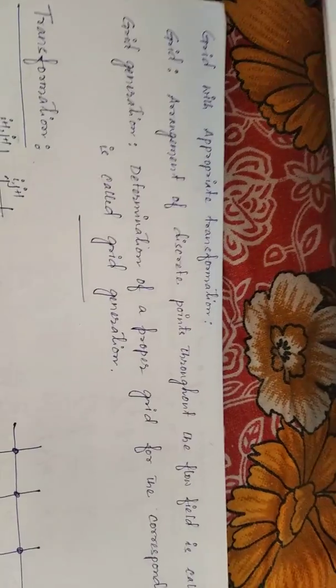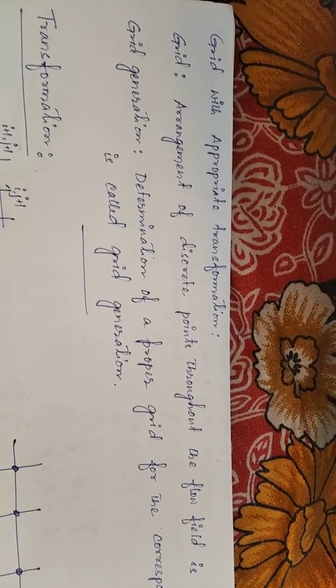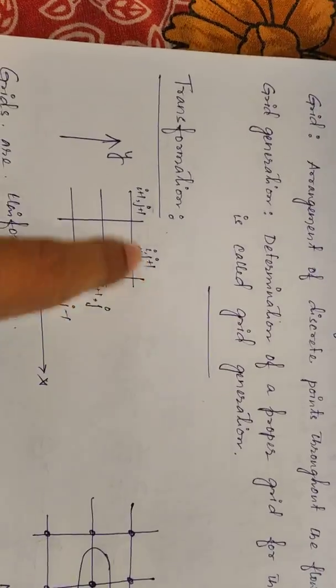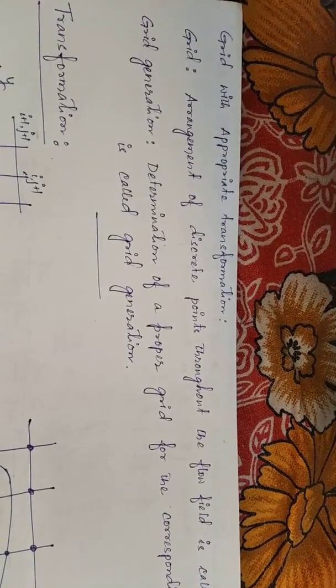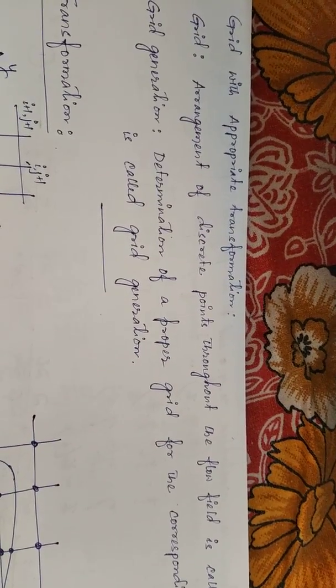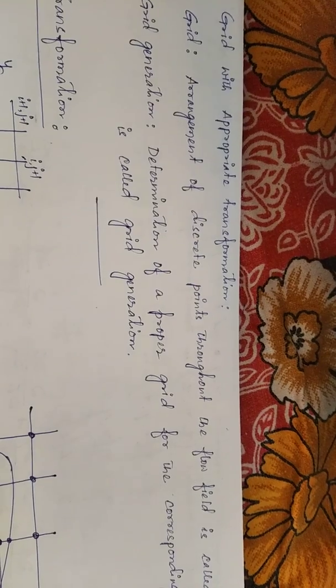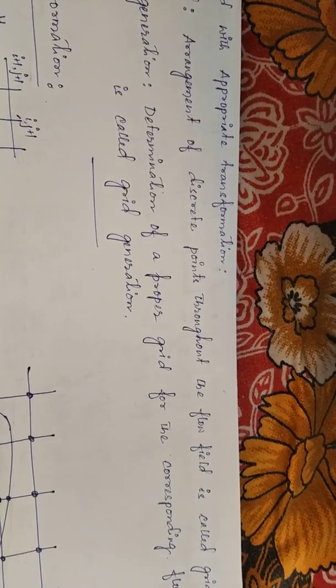And what is actually a grid? Grid means the arrangement of these discrete points throughout the flow field. This is called the grid. And what is grid generation? Grid generation means determination of the proper grid for the corresponding flow.